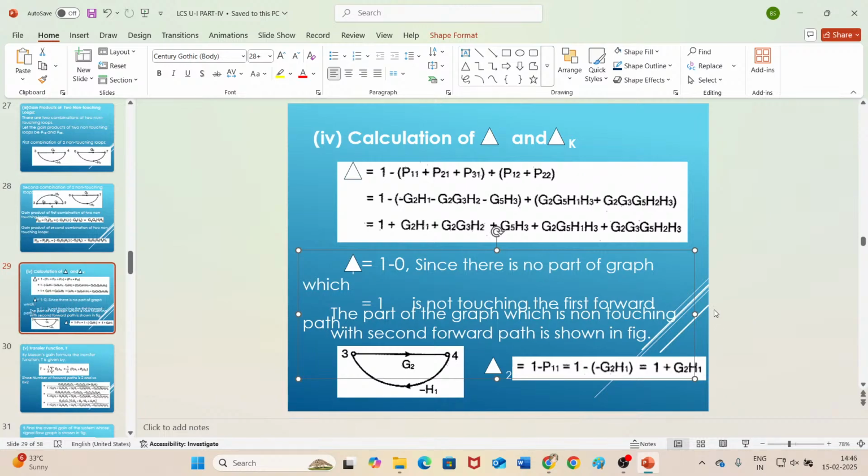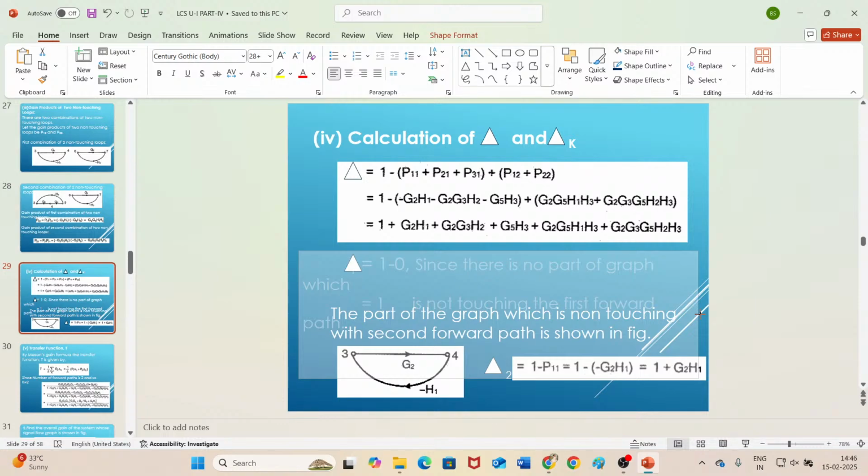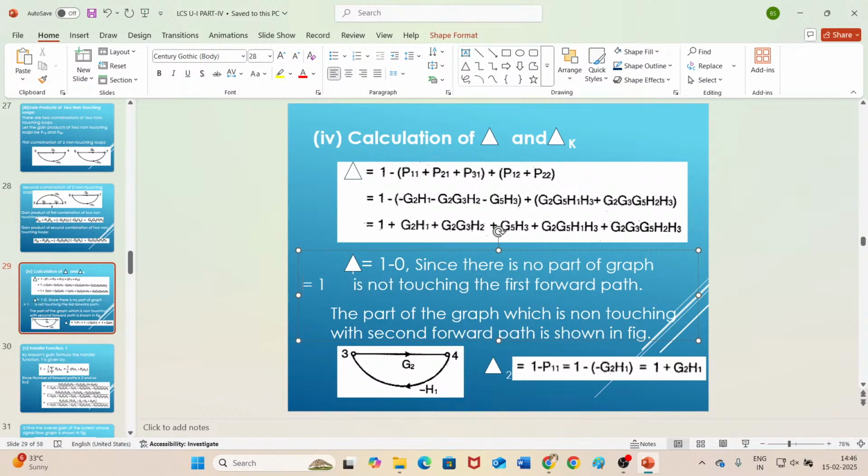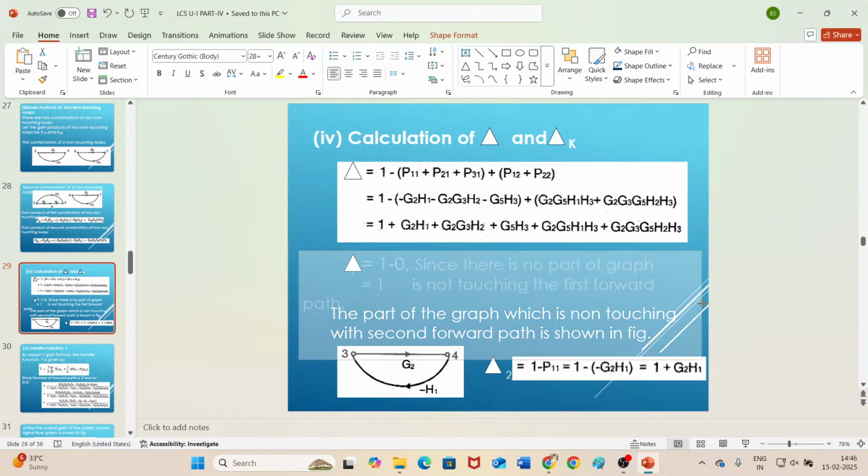If you are really listening to the class, you can mention in the chat box what the K value is. You can mention in the chat box what is meant by K. K is the number of forward paths.